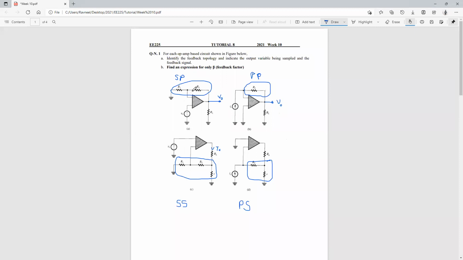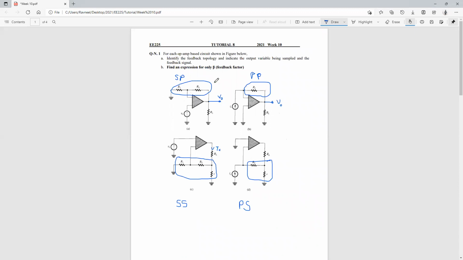In this particular case, the feedback over here will be voltage. The feedback variable over here will be voltage. The feedback variable in this one will be current, so we will be basically mixing current over here. In this particular topology, your feedback will be V out, feedback voltage. Voltage will be the variable. In this particular case, the feedback variable will be current.